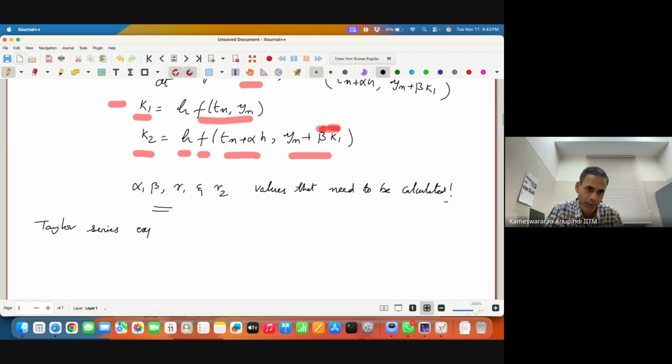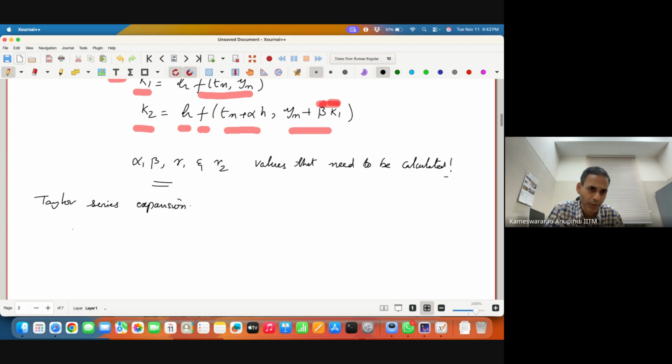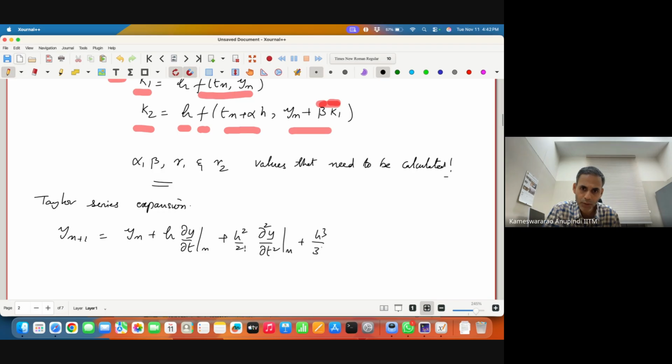Taylor series expansion for yn plus 1 can be written as yn plus delta t, that is h times dou y by dou t at n, plus h square by 2 factorial dou square y by dou t square at n, plus h cube by 3 factorial dou cube y by dou t cube at n, and so on.